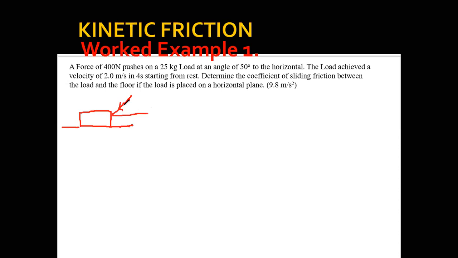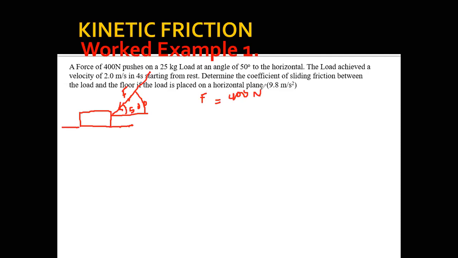So the angle theta is what? 50 degrees. The force has been given as what? 400 Newton. So F is 400 Newton.